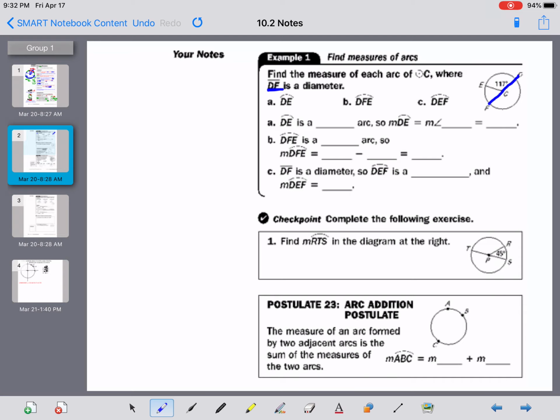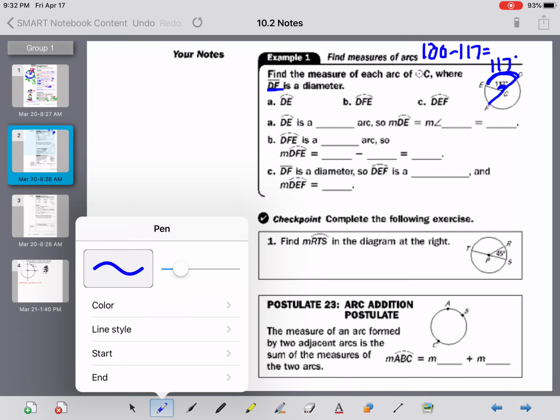You'll notice that we have a central angle in here of 117. If the central angle is 117, this arc that closes it off right here between D and E will also be 117. If I want to find the other side of that same diameter going across, I know that diameter cuts it into 180, so I can do 180 minus my 117, which will leave me 63 degrees.